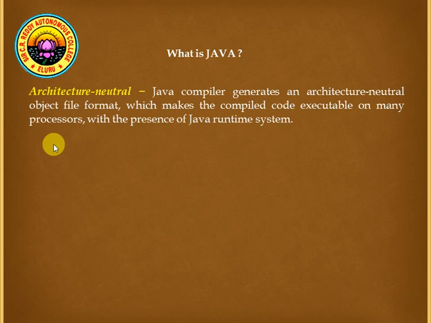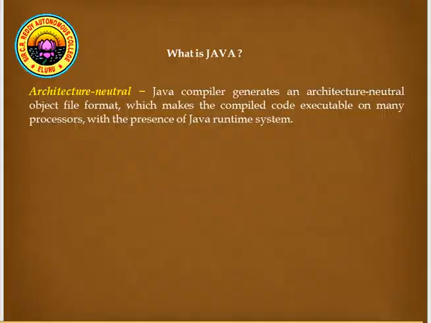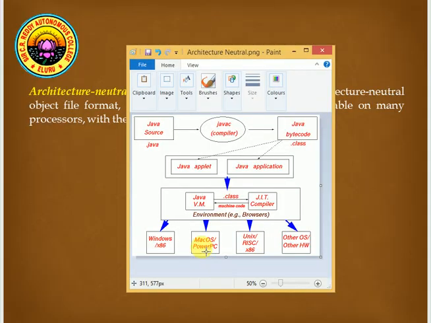Java compiler generates an architecture neutral object file format which makes compiled code executable on many processors. Mac, containing Mac OS, is nothing but Apple, consisting of one kind of processor. Unix consists of one kind of processor. Windows consists of one kind of processor.